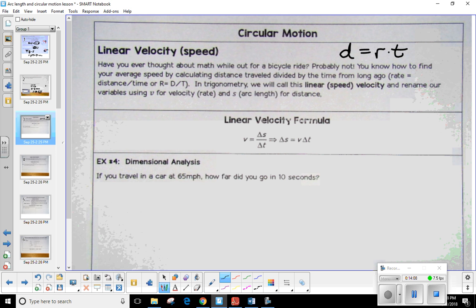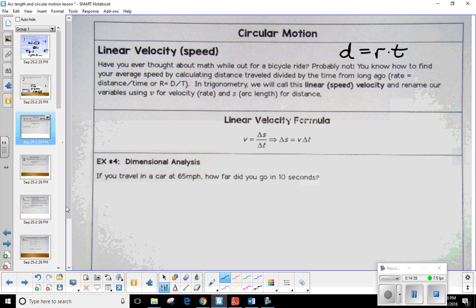Well, when we're talking about linear velocity, we are still trying to find the speed that an object is moving, but we're finding how fast it is in a circular path, how fast something is moving around in a circle. It can still be in any unit of measurement that we want. We're just going to replace some of the variables. Instead of the speed, we're going to say v. v is now our linear velocity, and s is still going to be our arc length, the distance that we're looking at.